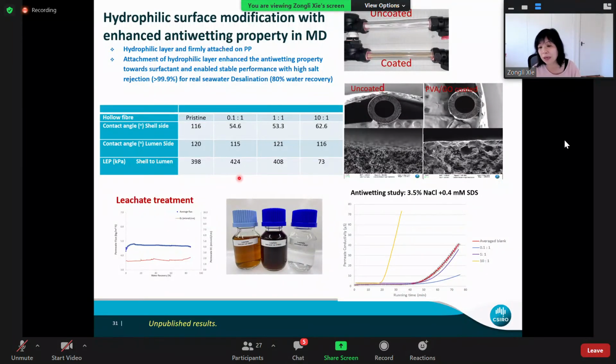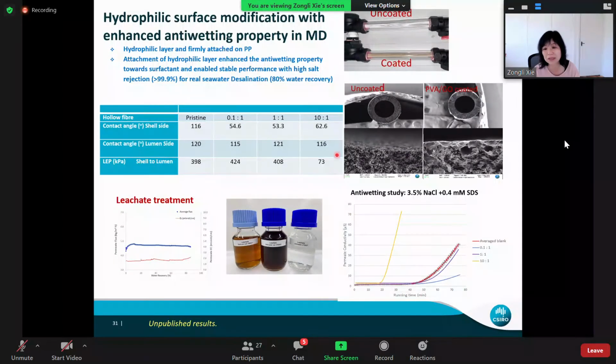And again, we demonstrate this membrane's performance, but obviously the formulation is very important. The red color is purely hydrophobic, that's the control membrane, but the other 3 colors are different loadings of the PVA to gel ratio. By tuning the formulation, we are able to achieve a very high anti-wetting property.